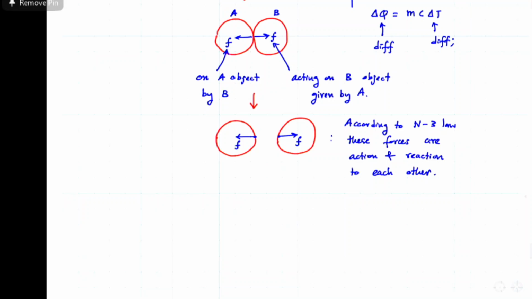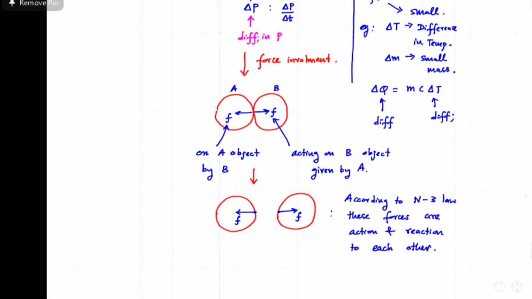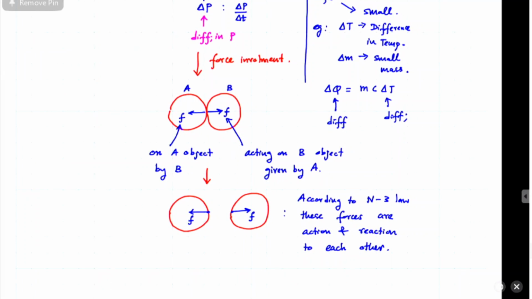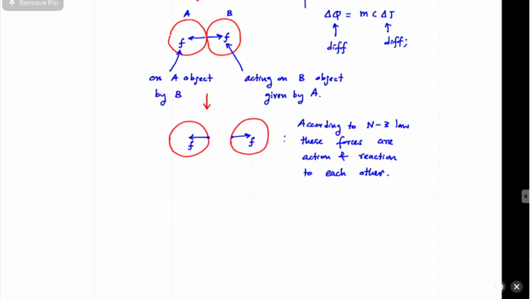Okay. So you understand, if they are action and reaction to each other, is there a net force? No. There is no net force, because they are balancing each other, right?